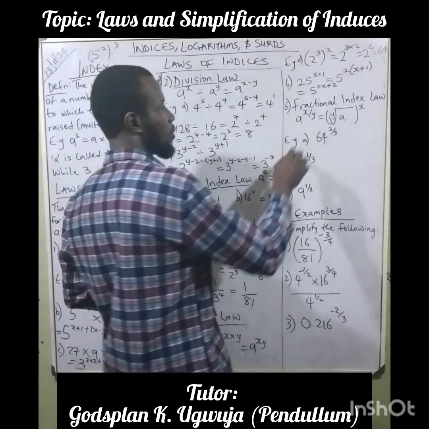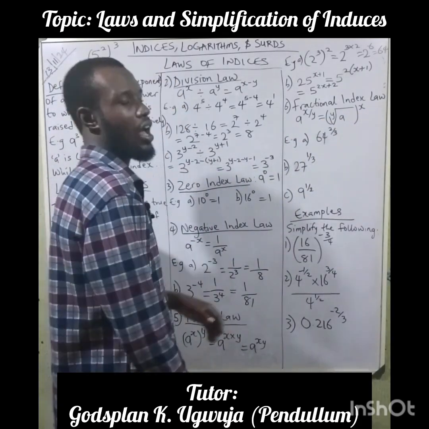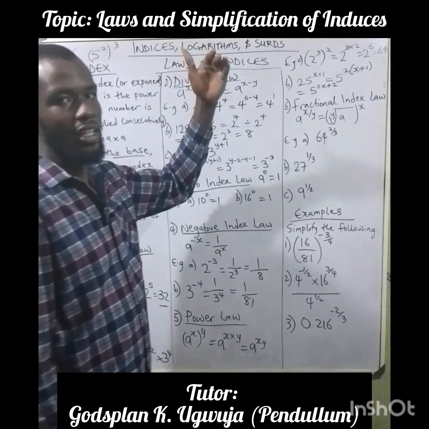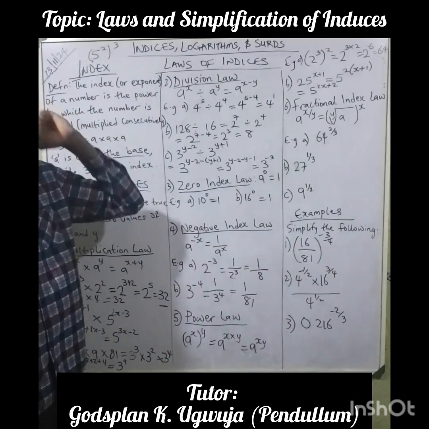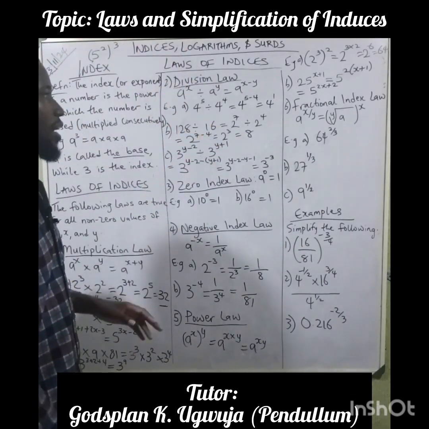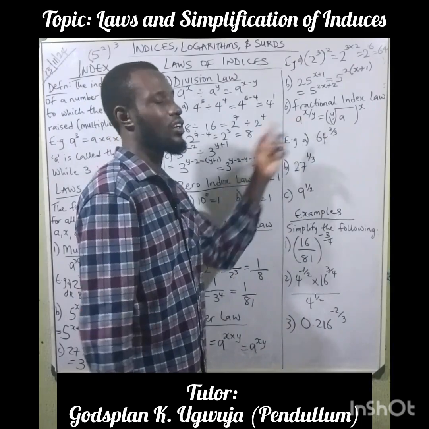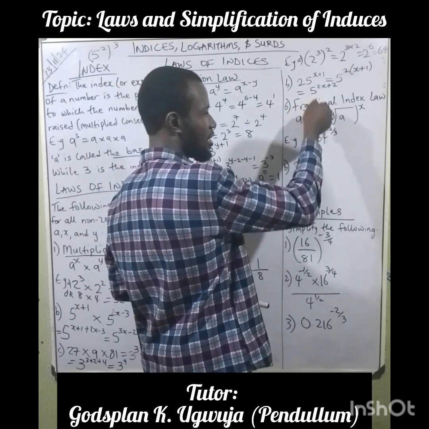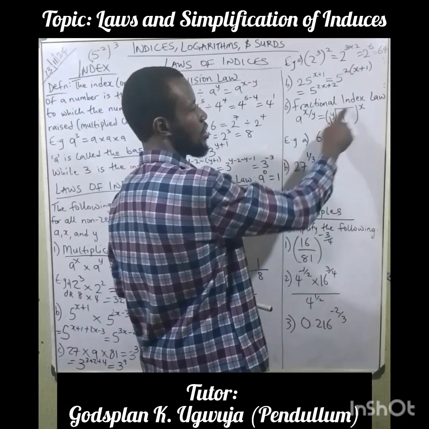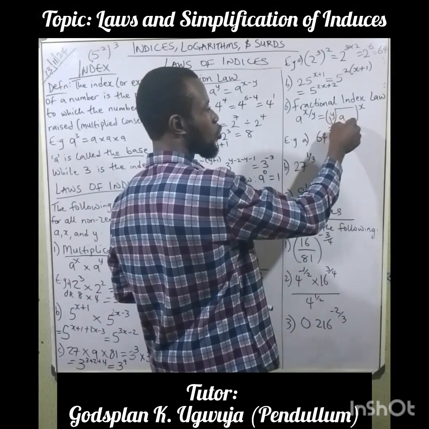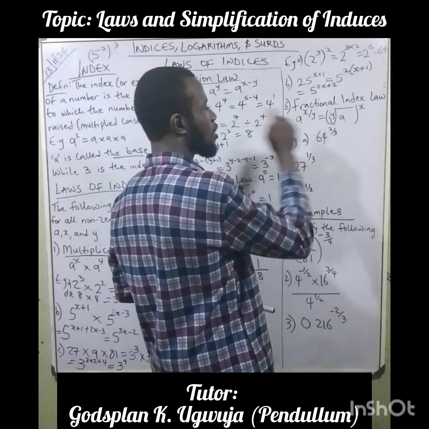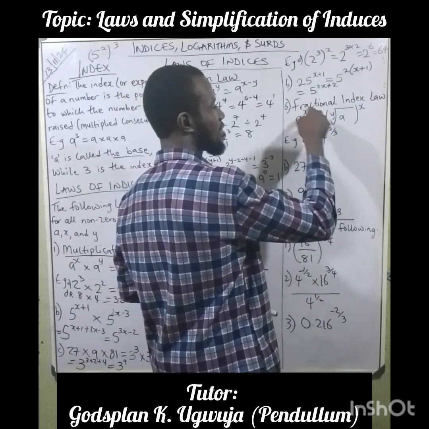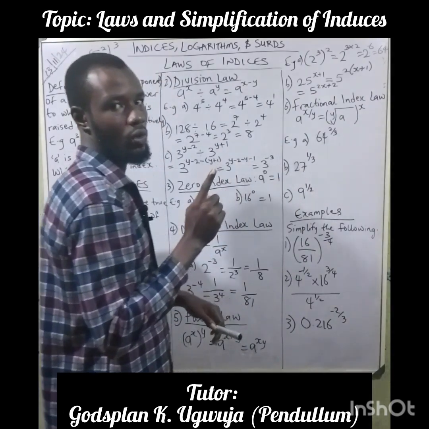Finally, we have the fractional index law. Fractional index is when we have a fraction in our index, a fraction as our power. Now, what if you have a fraction like this? What it simply means is that you take the denominator as a root of the base, and then raise everything to the power of the numerator.